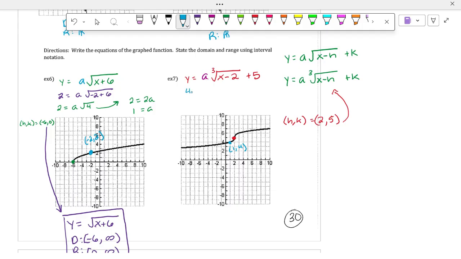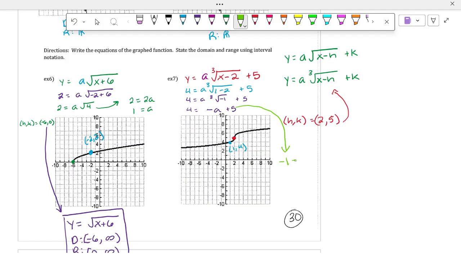So I have 4 is equal to a cube root 1 minus 2 plus 5. What's 1 minus 2? Negative 1. So I got the cube root of negative 1 plus 5. So this would be negative a, because the cube root of negative 1 is negative 1, plus 5. Subtract the 5 from both sides.